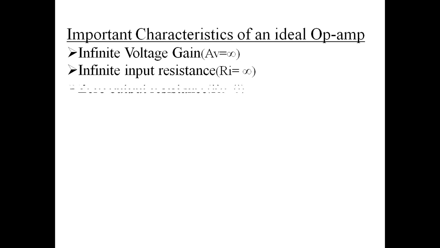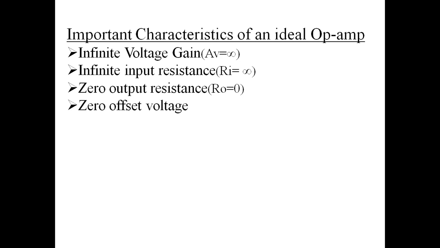Next characteristic, zero output resistance. The output resistance RO of an ideal op-amp is 0. Due to zero output resistance, the ideal op-amp can drive an infinite number of other devices. Next characteristic, zero offset voltage.